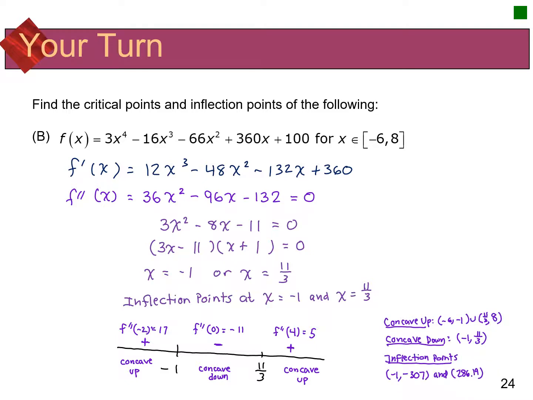So here are my intervals of concavity. Concave up from -6 to -1, and then again from 11/3 to 8. Concave down between -1 and 11/3. And the inflection points, I have one at -1, -307, and again these two, and this should be 11/3, 286.19.